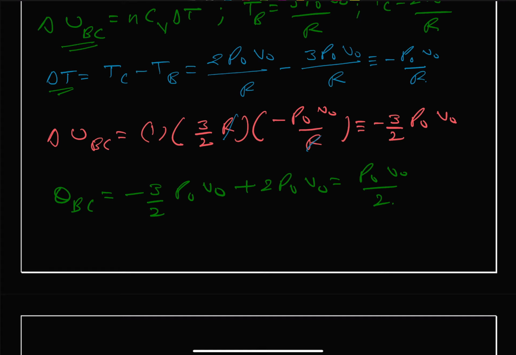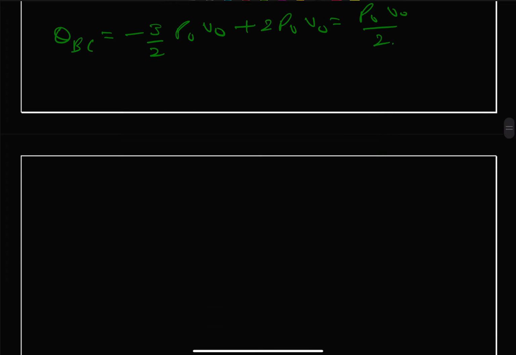Now we come to the maximum temperature, that is part D. From the graph, we can make an observation that the highest temperature is along BC.